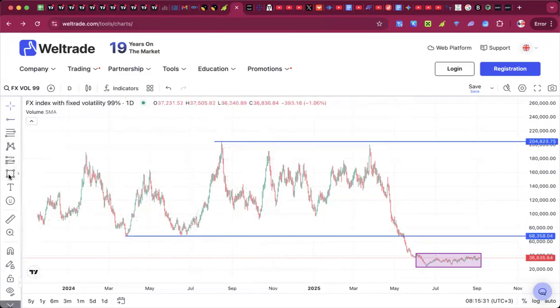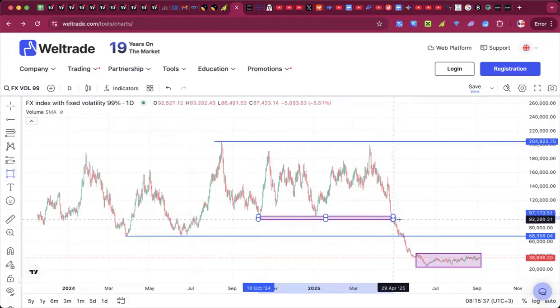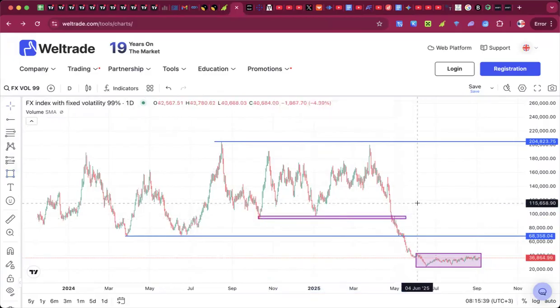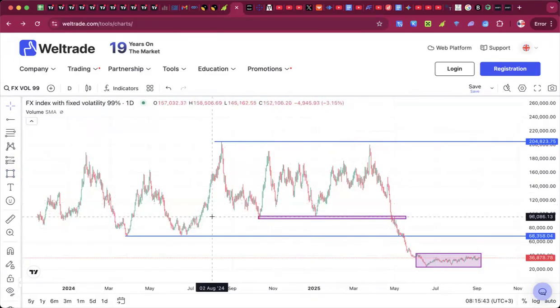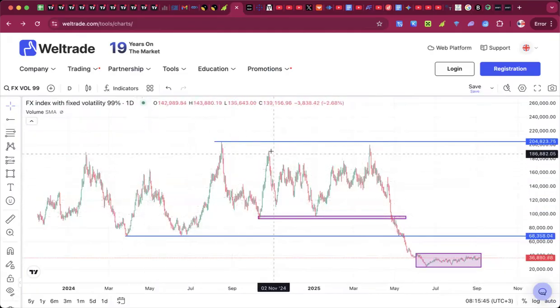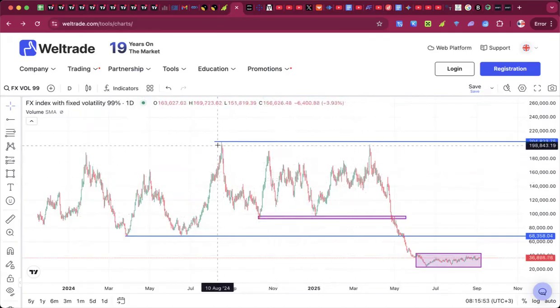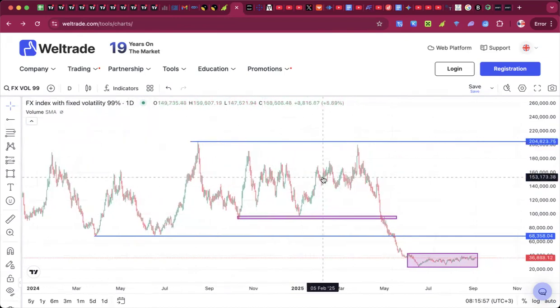So you begin to get other points. Then create a cluster over again. These are liquidity, these are liquidity. Get them swept.